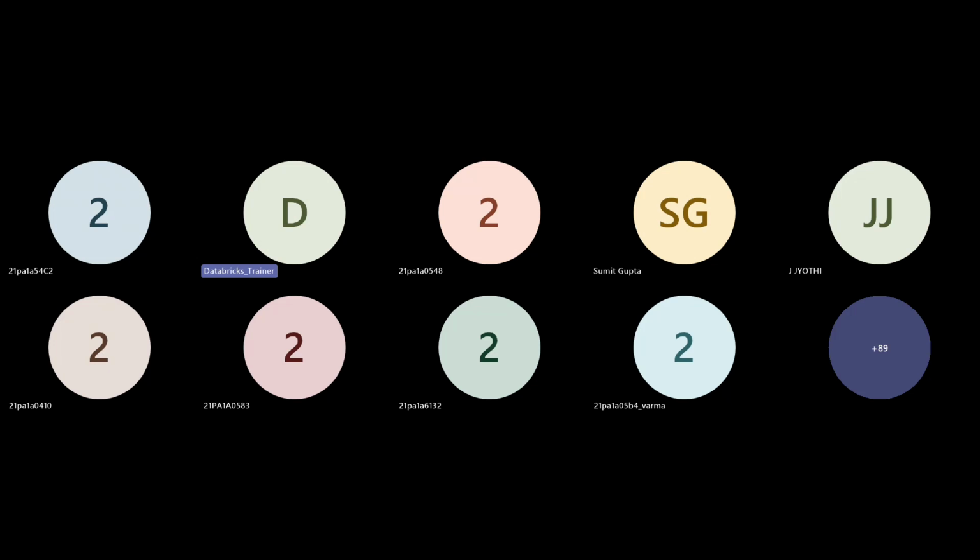In today's class, let me go above and see what we have discussed. We have discussed yesterday's assignment: map partition, repartition, and coalesce. Map partition is mapping the partitions. You can identify it like that.